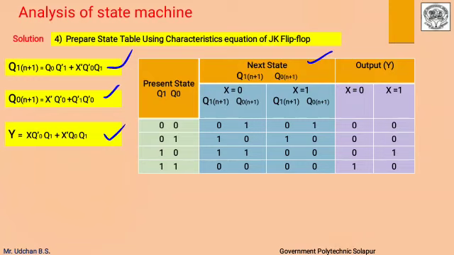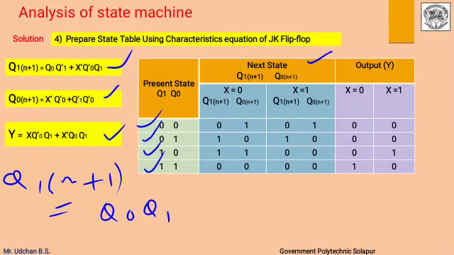Here we know the present states 00, 01, 10 and 11. So we will use the Q1(n+1) equation, that is Q0 Q1 complement plus X bar Q0 complement Q1.